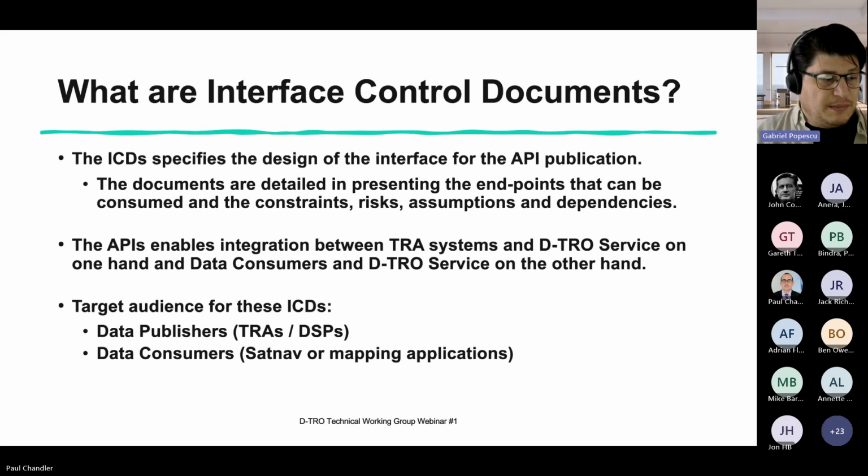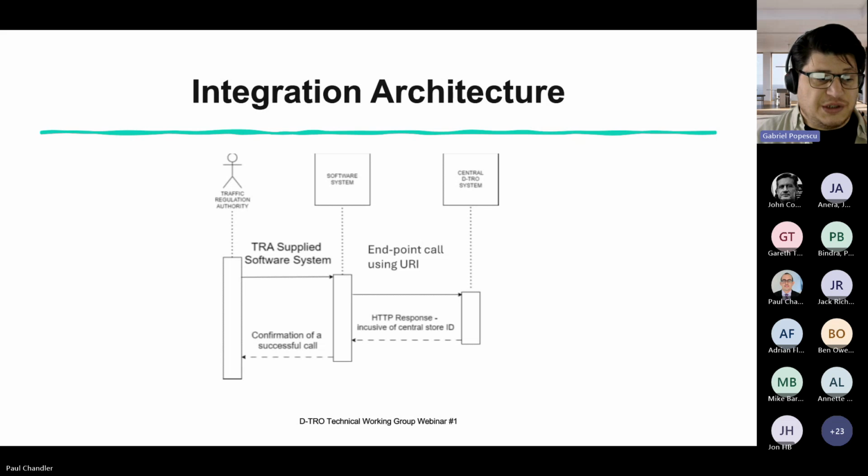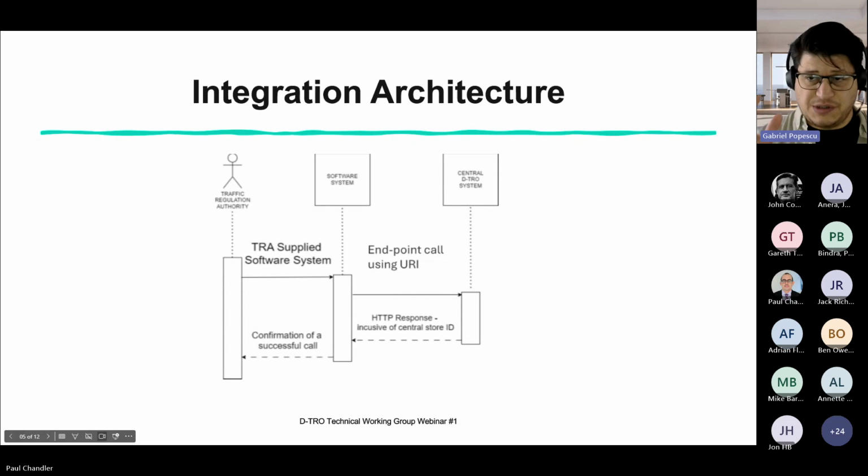I want to explain a little bit about the integration, as an overview of how this will work. Basically, I gave you the example of the TRA, but this is true for the other side of the spectrum. You have the traffic regulation authority doing a call through its software system, accessing the central D-TRO service through an endpoint, calling a specific URI with a specific HTTP verb.